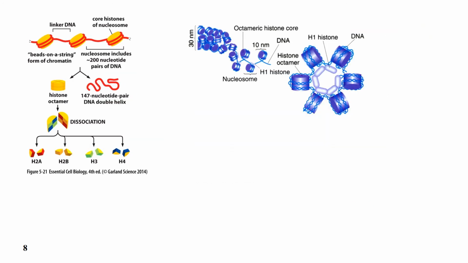Core histone proteins: histone protein 2A, histone protein 2B, histone 3, histone 4, and there's also histone 1. The DNA wraps around this core of proteins, all of these histone proteins, to create that euchromatin that must be disrupted if RNA polymerase is going to be able to access the DNA template that it must read in order for transcription to occur.